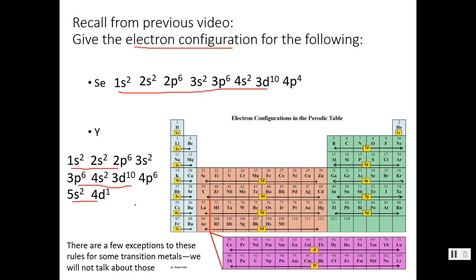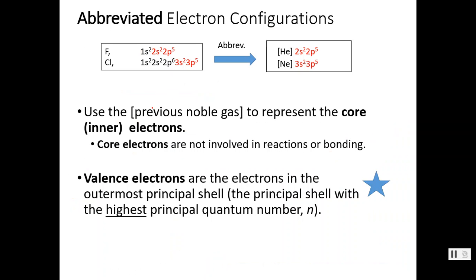So there is a way to write electron configurations that are abbreviated, that are condensed. We use abbreviations all the time in addresses. Instead of writing out the word street or avenue, we write St. or Ave. We can do something similar with electron configurations, called the abbreviated electron configuration.